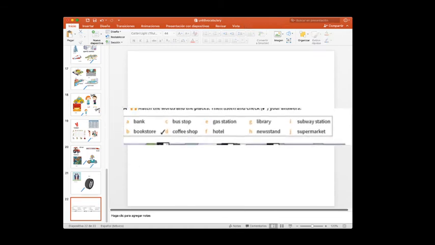For example, you have the bank, the bookstore, bus stop, coffee shop, gas station, hotel, library, newsstands, subway station, and supermarket. Okay, those are the options that you have on page 76.